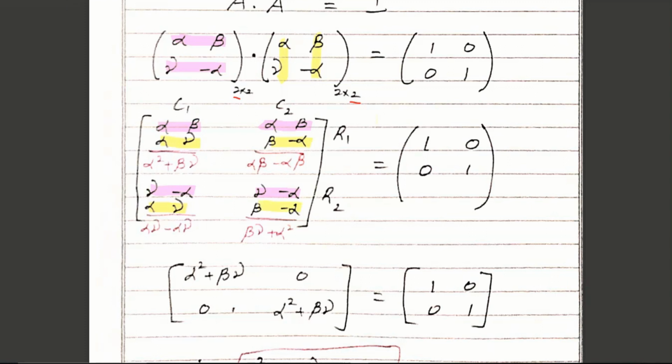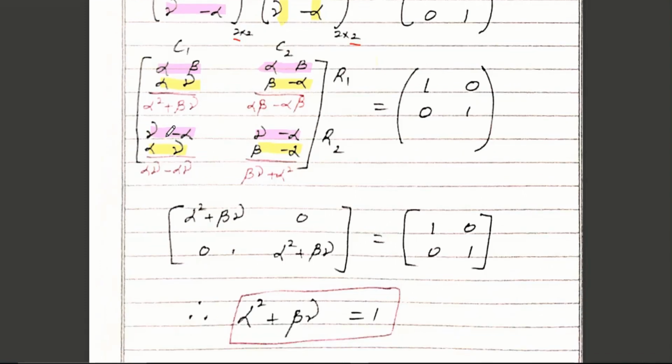Now what can we do, we have to simply multiply. Alpha into alpha, alpha square, beta into gamma, beta gamma. Like that every multiplication goes: alpha beta, beta minus alpha, alpha gamma, minus alpha gamma. After the respective multiplication and addition, this is the resultant matrix: alpha square plus beta gamma, 0, 0, alpha square plus beta gamma.